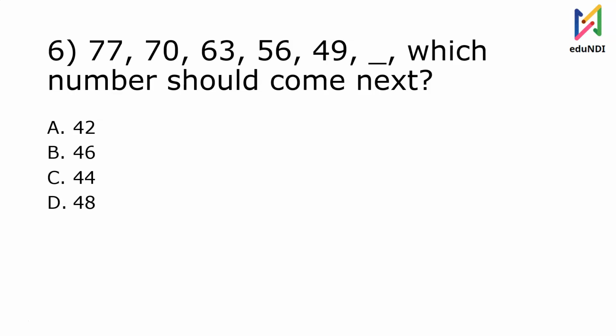Let's see the next one. 77, 70, 63, 56, 49. Right? Looks simple, right? It's all divisible by 7. You divide by 7. It is coming in descending order, right? 77, 70, 63, 7 8s are 56, 7 7s are 49.